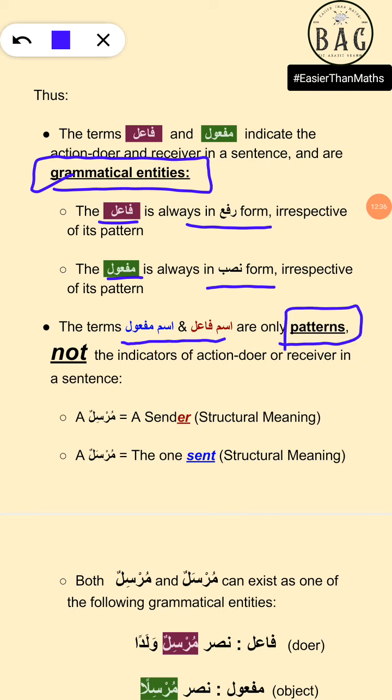Okay, and they give us the structural meaning of any word. They are not the indicators of action, doer, or receiver in a sentence. So just because you can see the pattern of an ism fa'il doesn't mean that it is not going to be used as a maf'ul in a sentence.